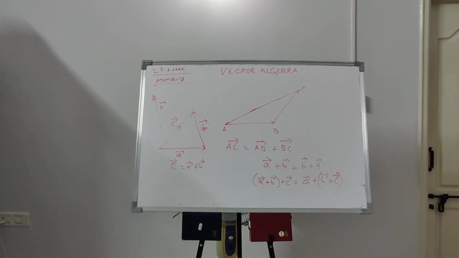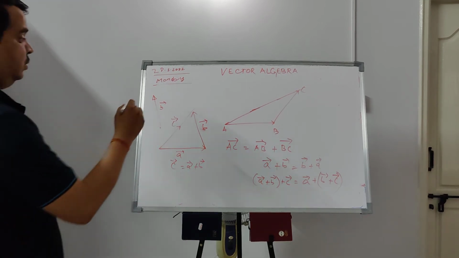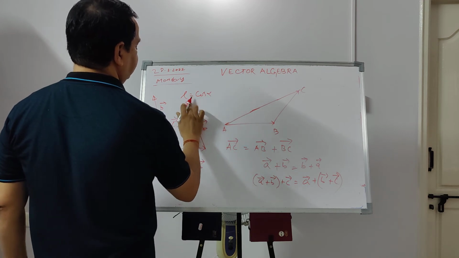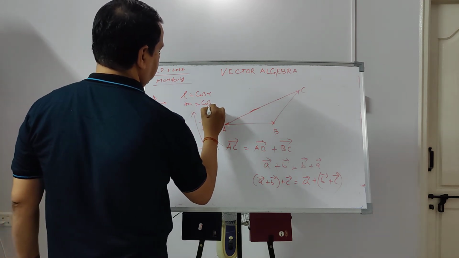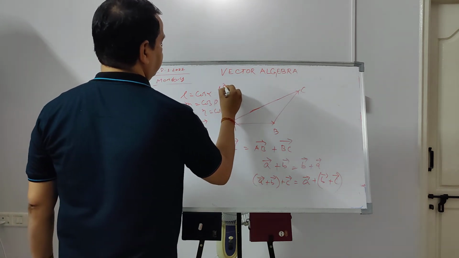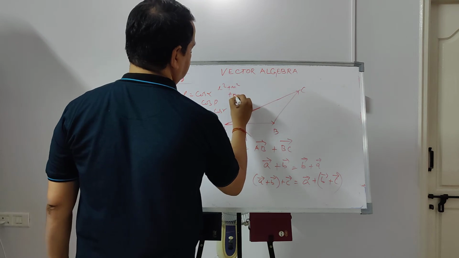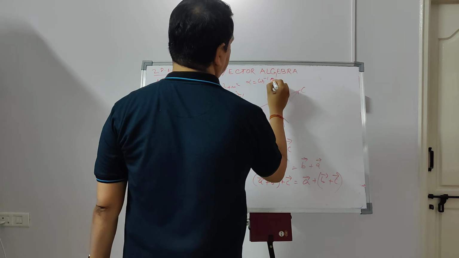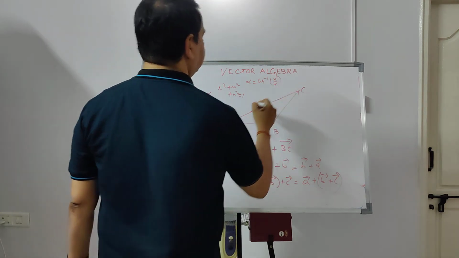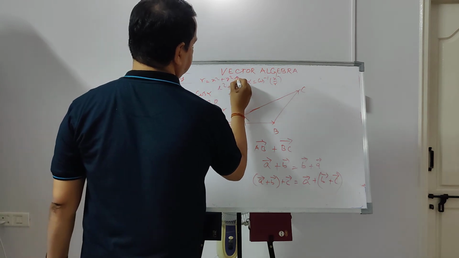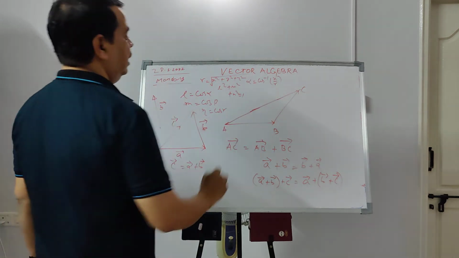So l is cos alpha, m is cos beta, and n is cos gamma. So l square plus m square plus n square is equal to 1, and alpha is equal to cos inverse of x by r. So these are some of the things you have to remember. And r is equal to the square root of x square plus y square plus z square.